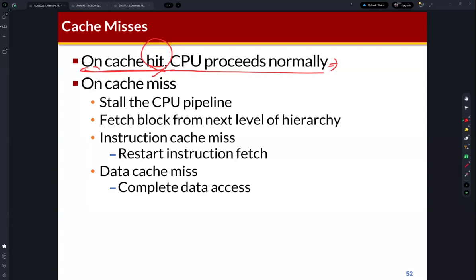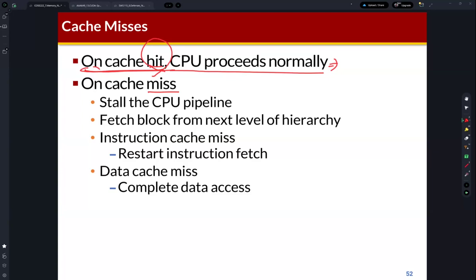But for the cache miss, what will happen? If the processor encounters a cache miss, the requested data is not found in the cache. Then the processor needs to access the lower level cache, which will take a longer time.